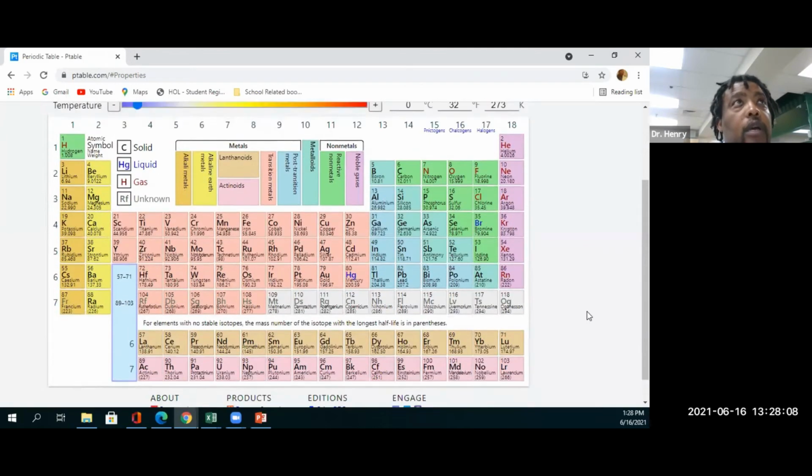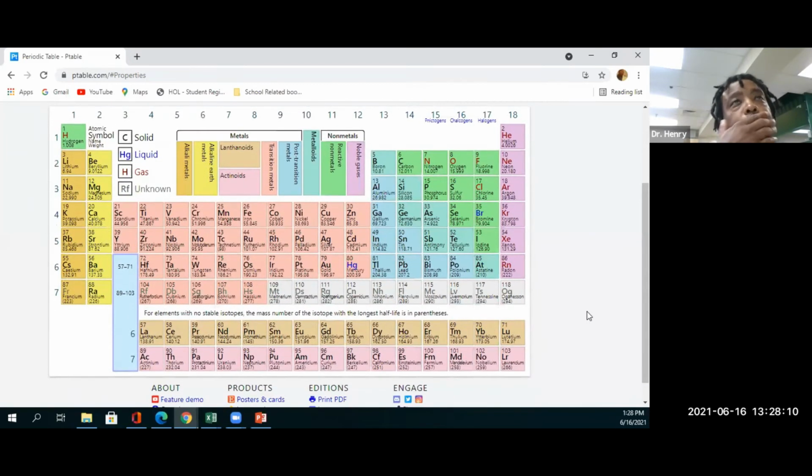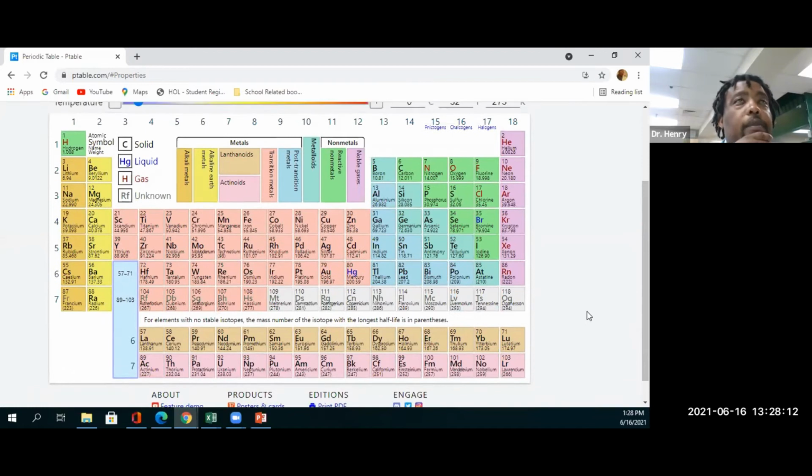And so looking at the periodic table, can you guys tell me which symbol or which element is in group 7, period 6? Re, rhenium, okay?